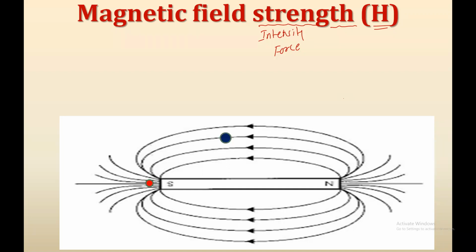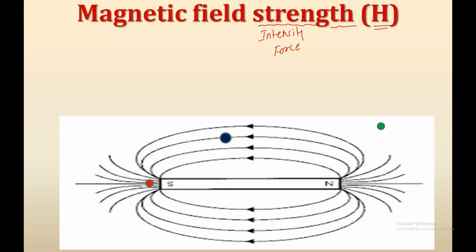If I consider another point at a very small distance away from that bar magnet, and I keep one small iron piece on that point, there also some force exists. And if I consider a third point which is away from that magnet, out of that magnetic region, definitely no force exists. What does it indicate?